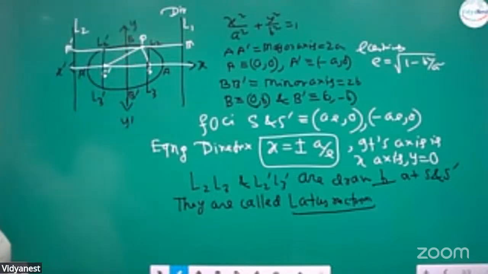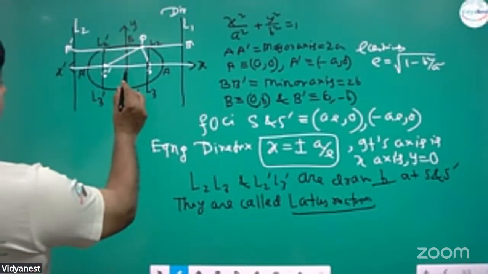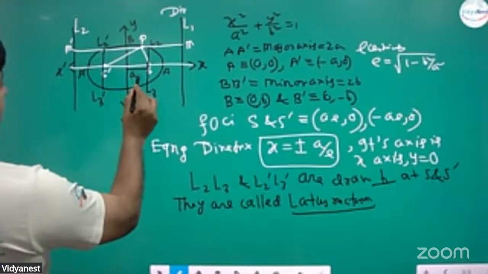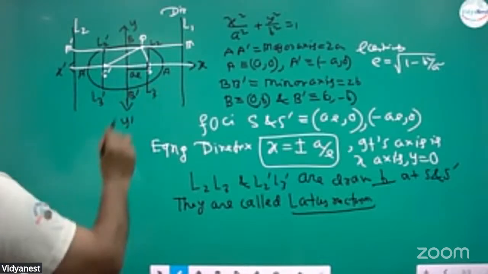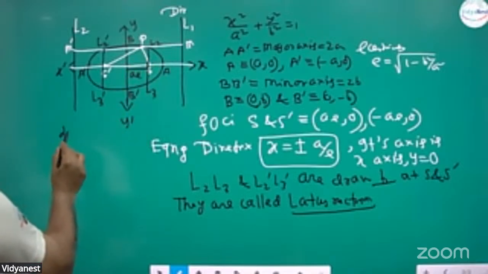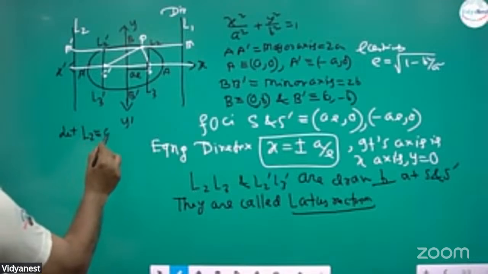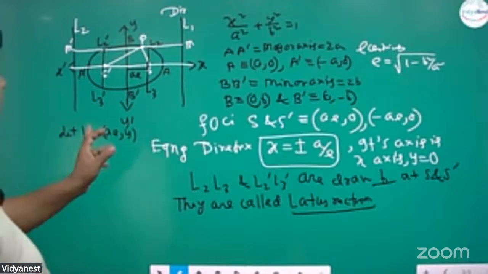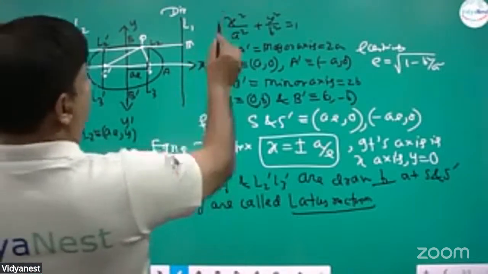Now you observe, already I have got, the x component of this point is ae. So I am letting L2 be (ae, y). Now L2 lies where? On this ellipse.